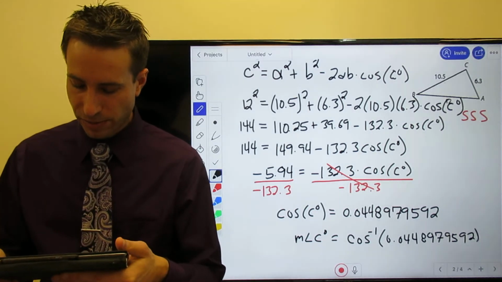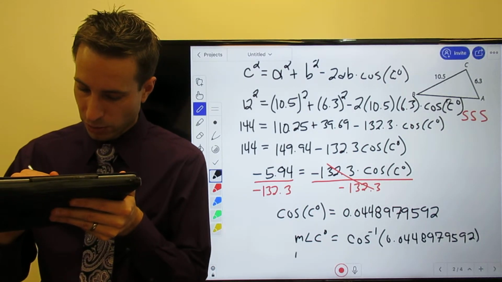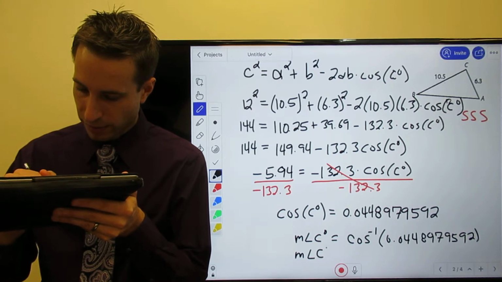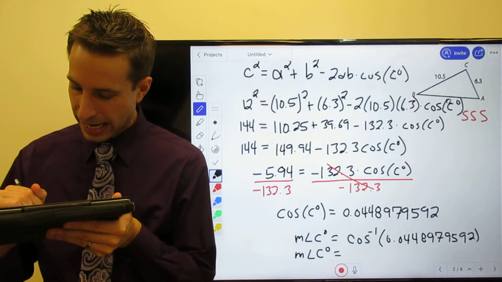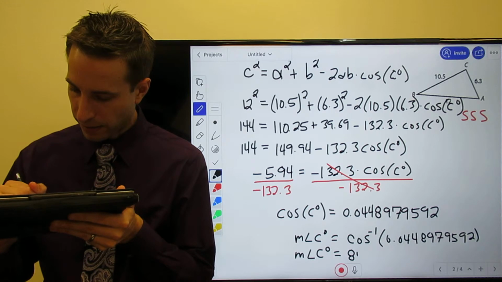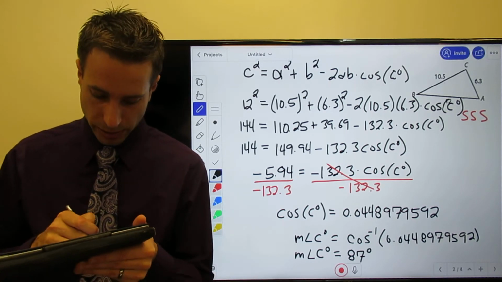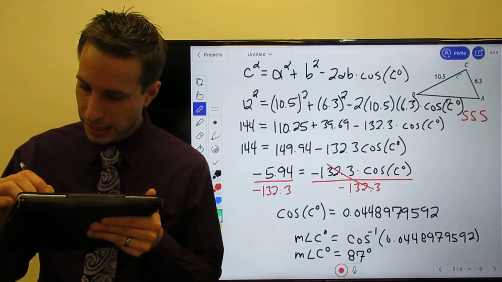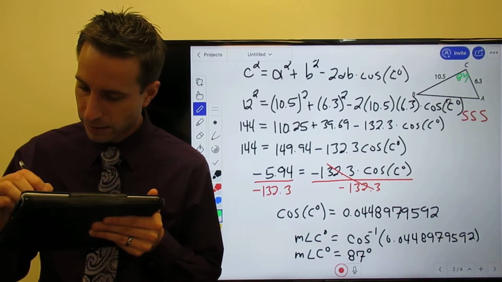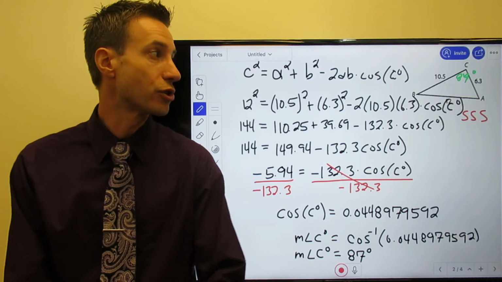All right, don't fat finger something on your calculator, and I apologize, I'm squeezing, but so I don't have to move again. I wind up getting 87 degrees. 87 degrees, that's the measure of angle C. So right up here, 87 degrees, the measure of angle C.